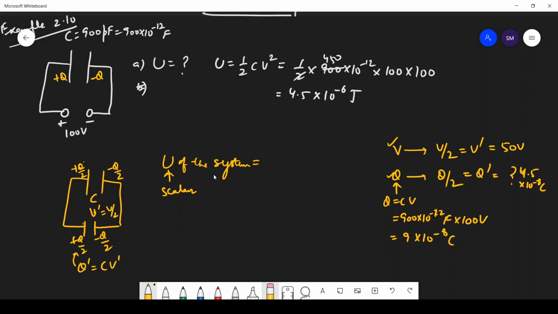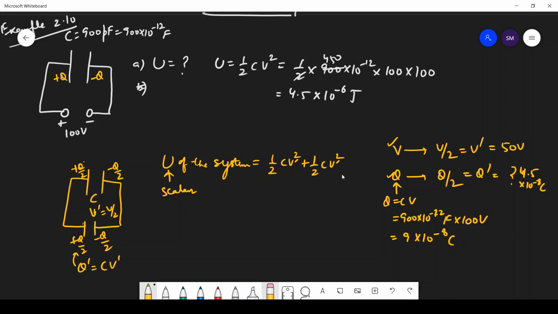So the energy stored by this is, you have all the three formulas. You can use any one of them. You know the value of Q and V, you also know the value of C and V. So energy stored was half CV square plus half CV dash square.